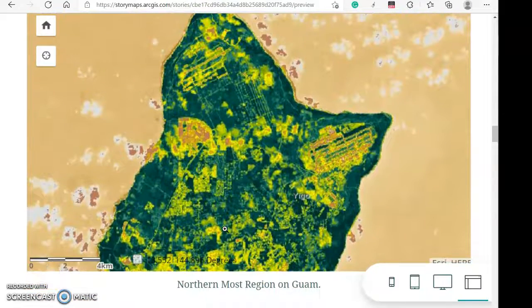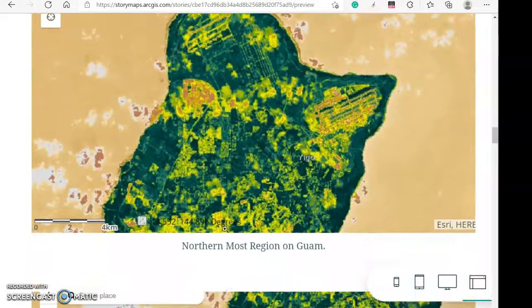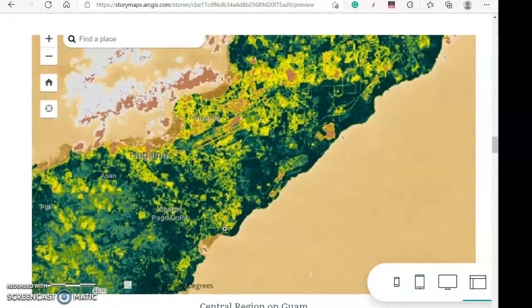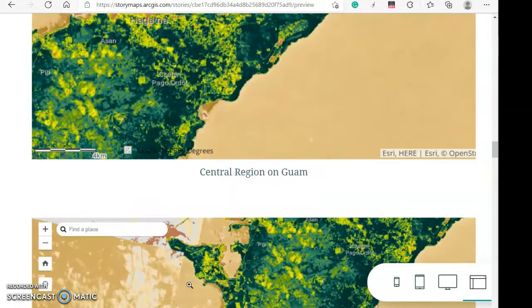Here are maps segmenting the island into 3 different sections. This is the north, which is primarily limestone forest. This is the central, which is half limestone forest up here, and then coral, and then volcanic formations down here.